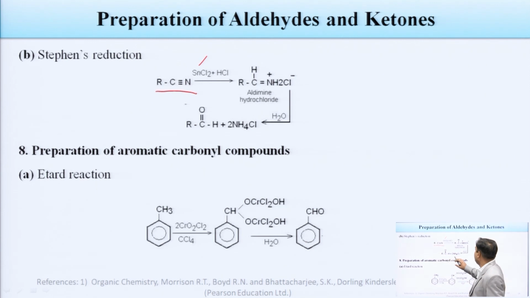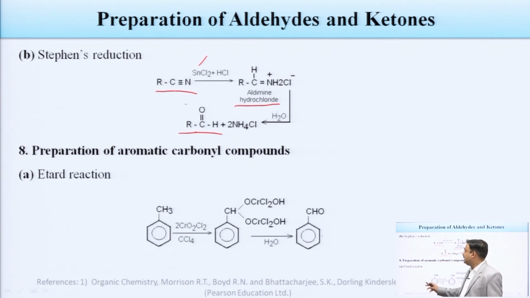This nitrile is converted into aldimine hydrochloride, which on hydrolysis provides aldehyde. You must remember which method is used for both aldehyde and ketone and which method is useful for the preparation of only aldehyde or only ketones. This method is again very important, as you can see the aldehyde is prepared.